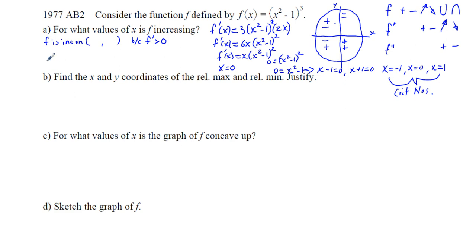Now we're going to create our number line for analysis right up here and put them in place. We're going to have negative 1, 0, 1. Above the number line, we're going to put f prime, and below we're going to put f. Let's take our analysis based on this version right here, f prime of x equals x times quantity x squared minus 1, squared.